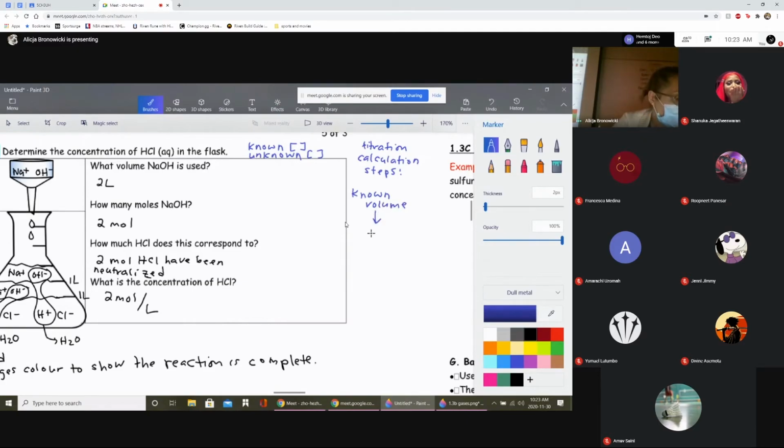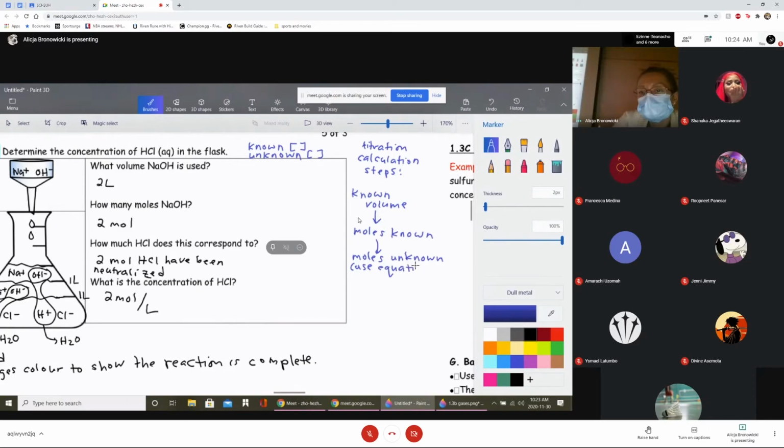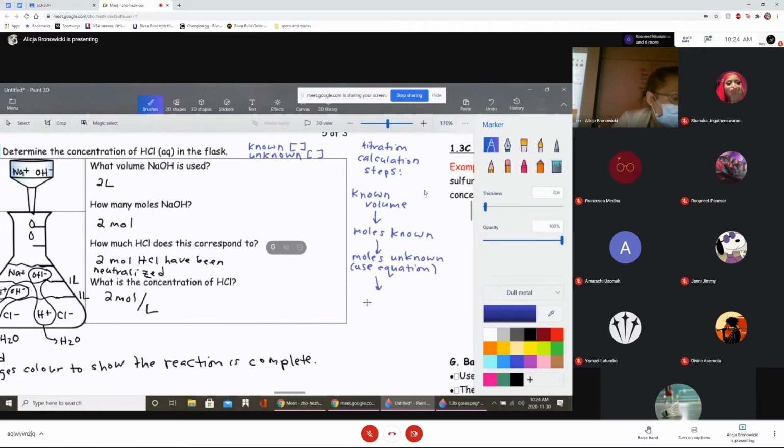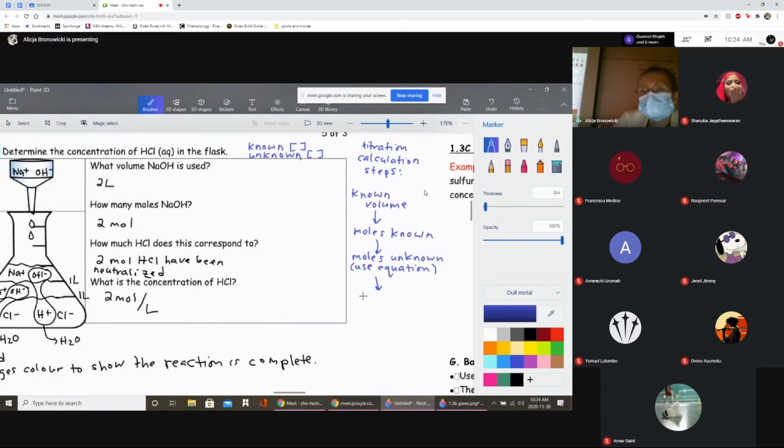Then you figure out the moles of the thing that you know. Then you figure out your moles of the unknown. Here you would want to use a chemical equation. And then you figure out the concentration of your unknown.